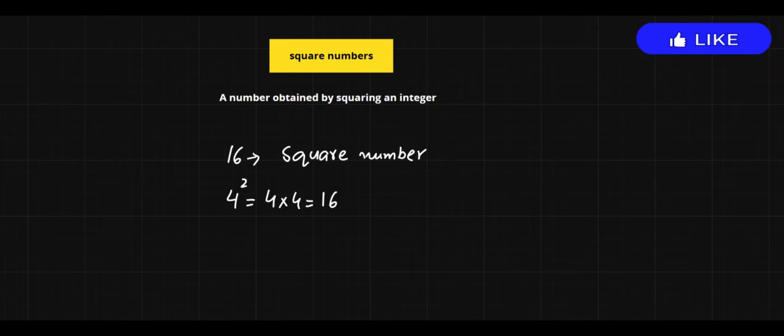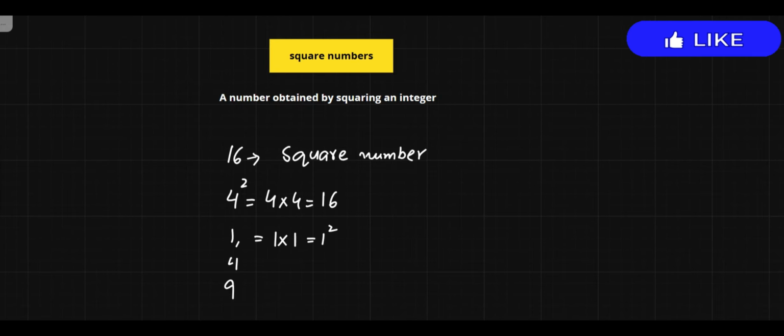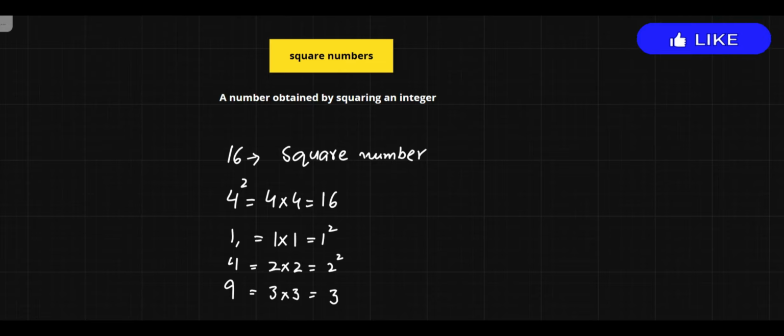Similarly, 1 is also a square number, 4 is also a square number, 9 is also a square number, because 1 can be obtained from 1 times 1, or 1 square. Similarly, 2 times 2 gives us 4, and it's 2 square. And 3 times 3 is 9. 3 square gives 9, and 9 is a square number.